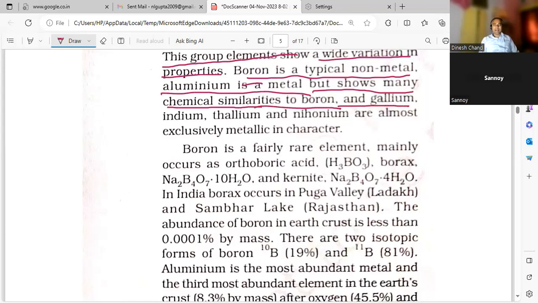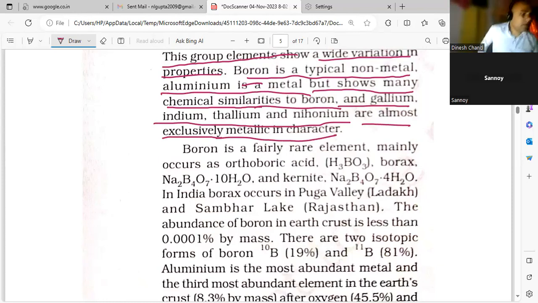Gallium, indium, thallium, and nihonium are almost exclusively metallic in character. They are not 100% metals, but the metallic character is high. As you studied earlier, down the group, metallic character increases.